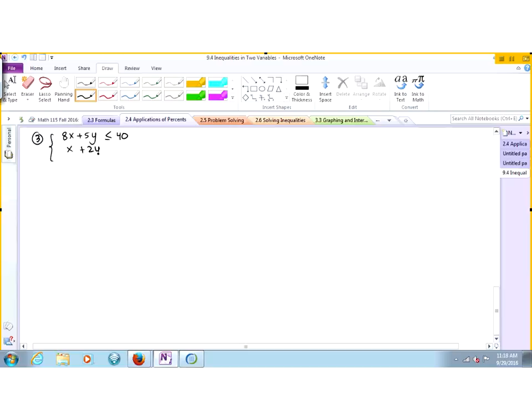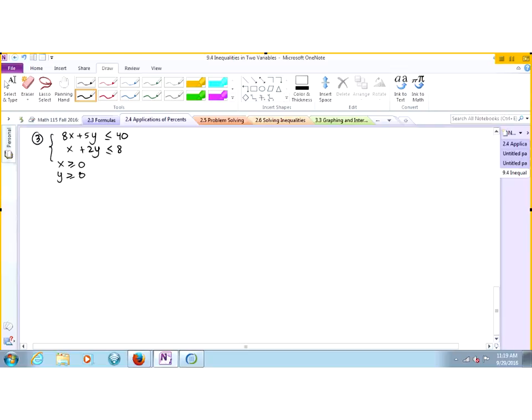Okay. X plus 2y is less than or equal to 8. And then x is greater than 0. Y is greater than 0. All right. And then we have to find the coordinates of the vertices also.